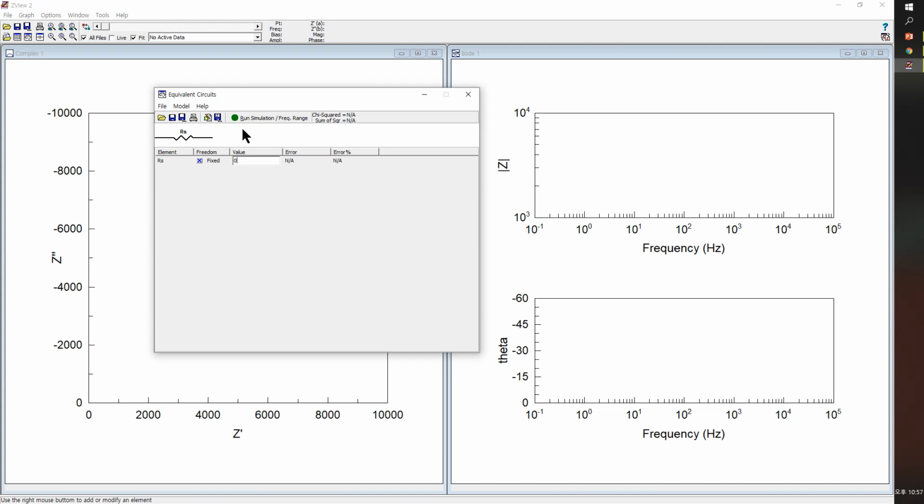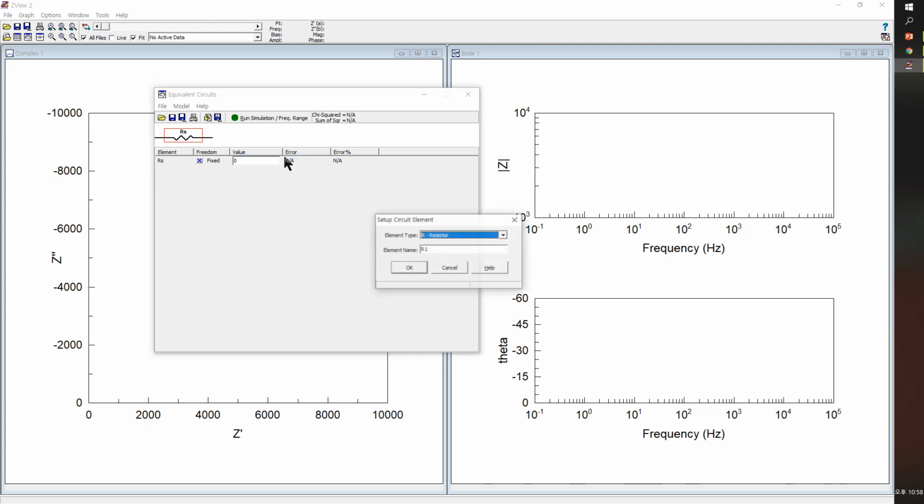Anyway, after setting up the equivalent circuit model, we will go to the values in the bottom window. Then again, right-click on the element. Then go to New, Series After.